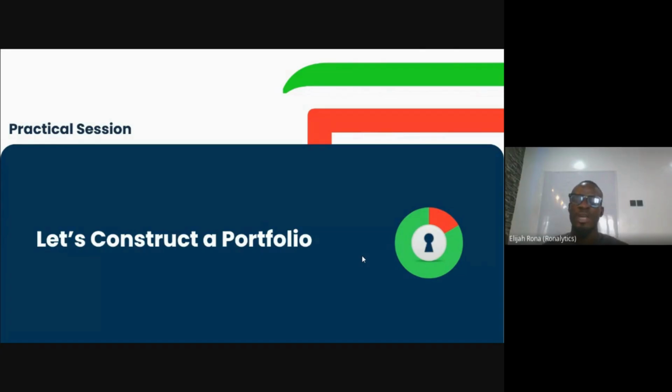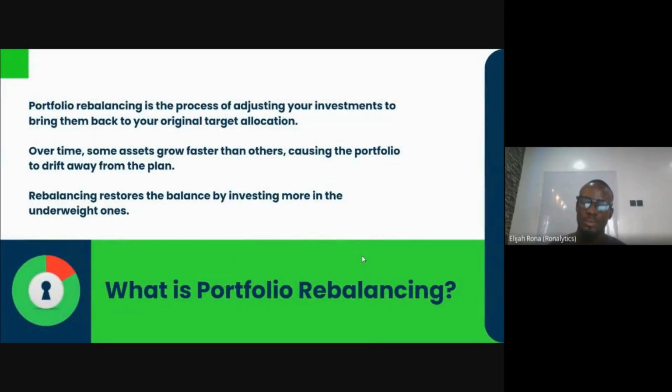We gave all the assets equal proportion. Access Bank had 33.4%, the others 33.3% each. But now Access Bank's proportion has gone down, that of Aradel has significantly gone up, and that of MTN is still somewhere in the middle, still very close. So MTN is like the average of the portfolio.